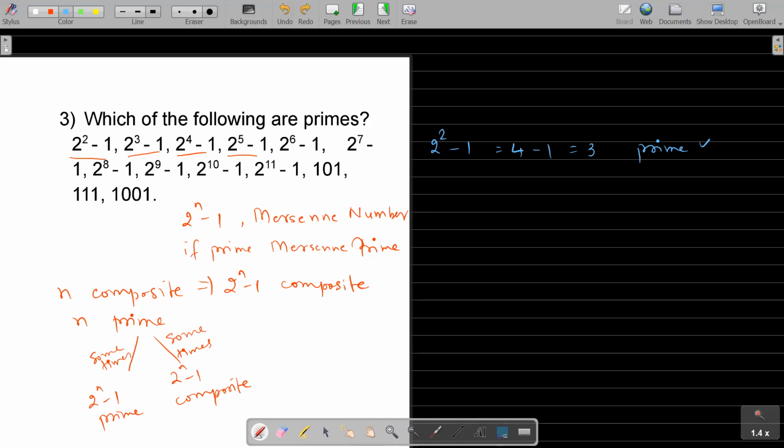But we'll see that every time n is prime, 2 raised to n minus 1 is not prime. Sometimes it is composite. And those numbers are in fact of a little more interest because most of them get factored as a product of 2 primes, and such numbers are used in the RSA cryptosystem.